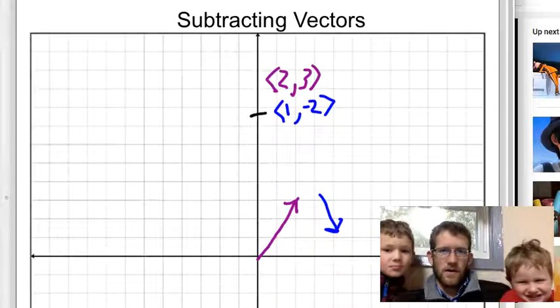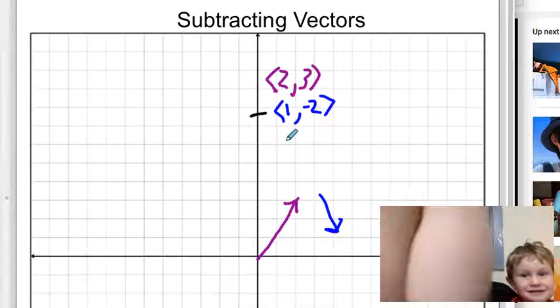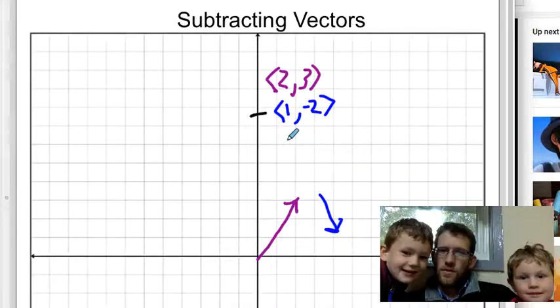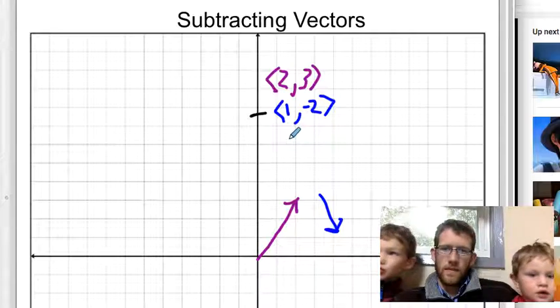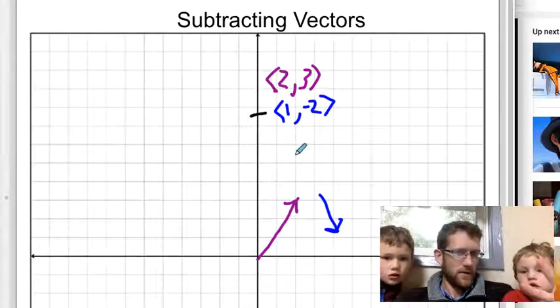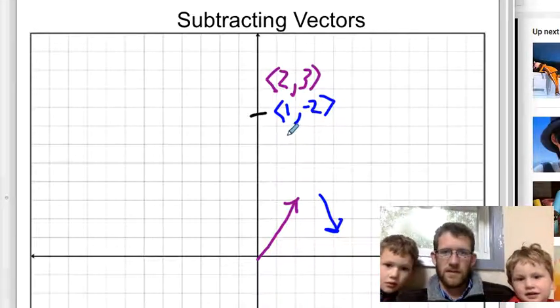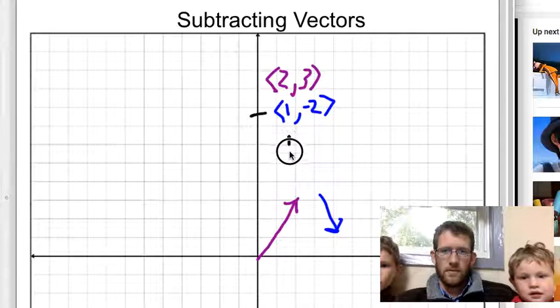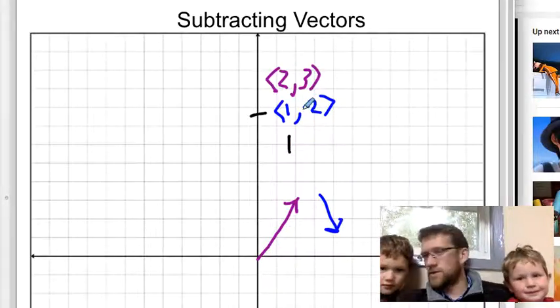So we can figure out where that's going to go. What is 2 minus 1, Aaron? What's 2 take away 1, Renner? 3. Oh, good guess. Aaron, what is it? 1. Okay. What is 3 minus a negative 2?